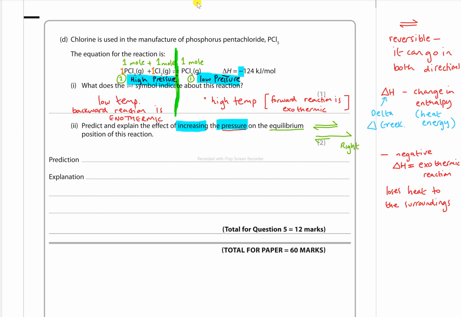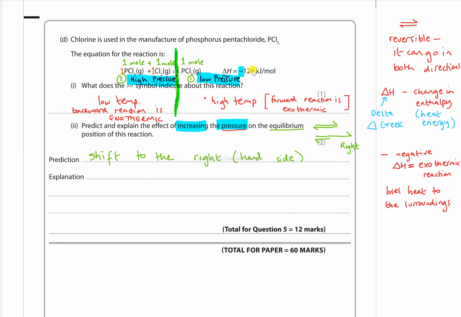So the prediction is equilibrium will shift to the right, or you can say right hand side. And what was the reason? It's because this right hand side has got less moles. It's got 1 mole on this side, but it's got 2 on this side.